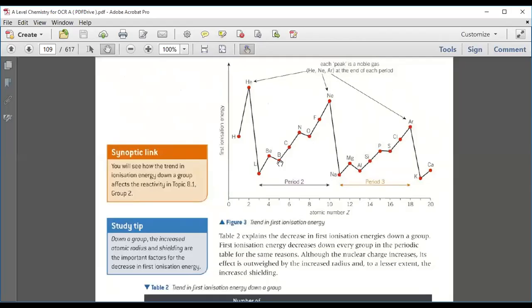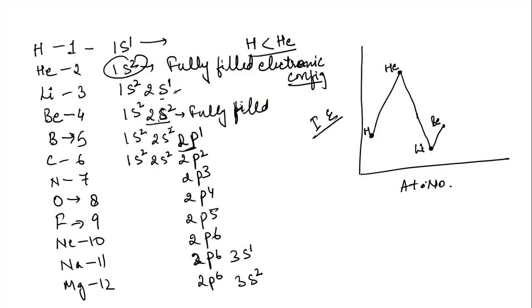Why will it drop down? Because it doesn't have a full outer shell. It will drop down because in the p subshell the electron can be easily removed.